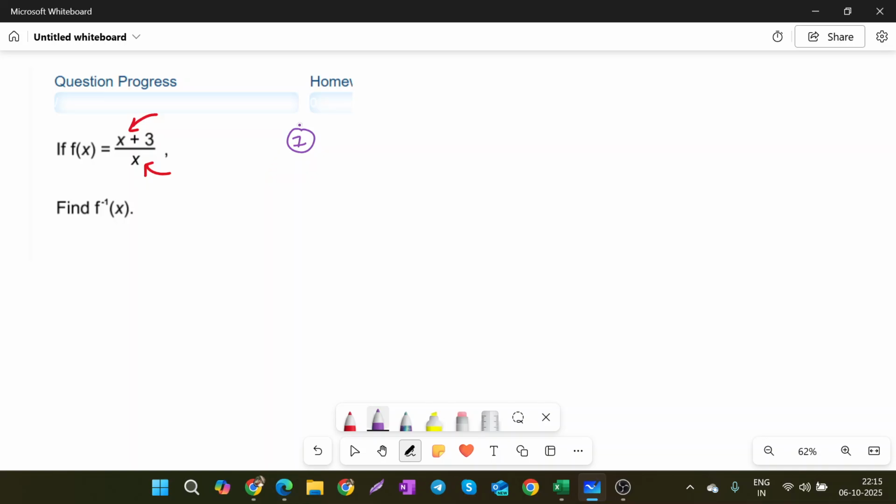Step number 1, we're going to say, okay, let's just write the question. f of x equals (x plus 3) over x. Now, whenever we try to represent a function on a graph, the idea is the x coordinate is your input, and the y coordinate actually gives you the output or the value of the function when you plug in any number.